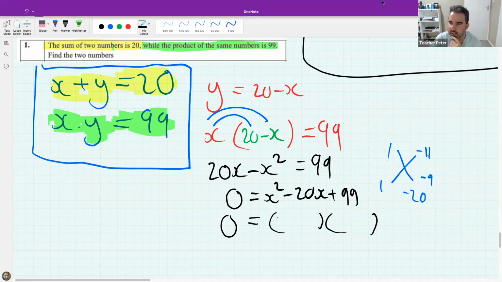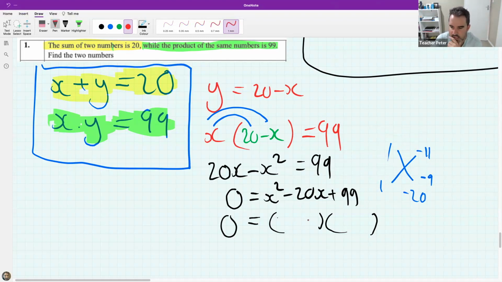I must be getting tired now. So this has to be a plus 99 because it didn't move. Just in case you didn't catch that, this stays positive, whereas the 20x became minus 20x, and the minus x squared became plus x squared.